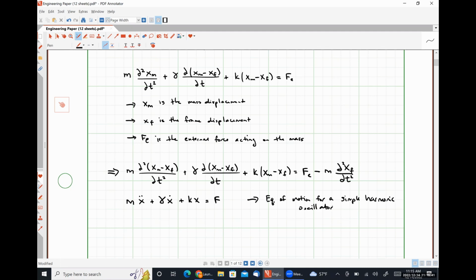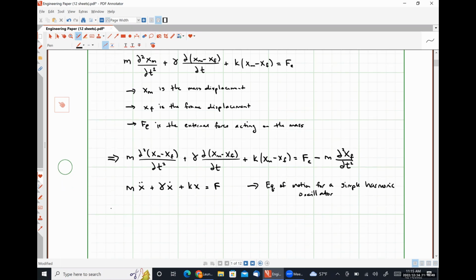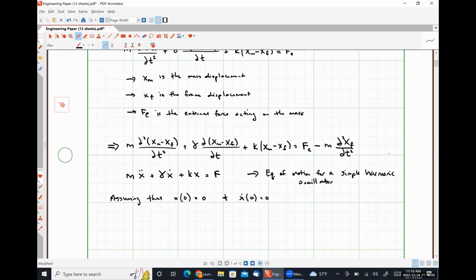Okay. So if we assume that x at t equals zero is zero, so that there's no initial displacement, and we assume that x dot at zero is equal to zero, meaning that there's no initial velocity, we can use the Laplace transform to solve this differential equation.